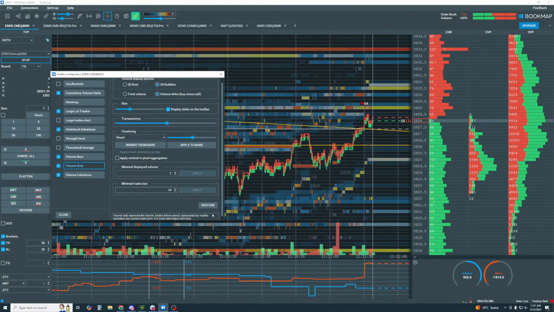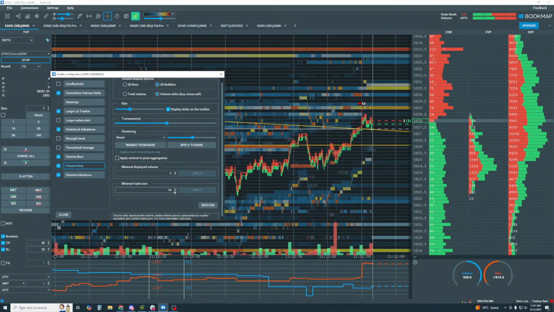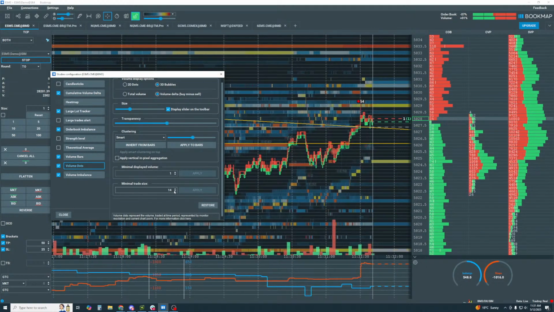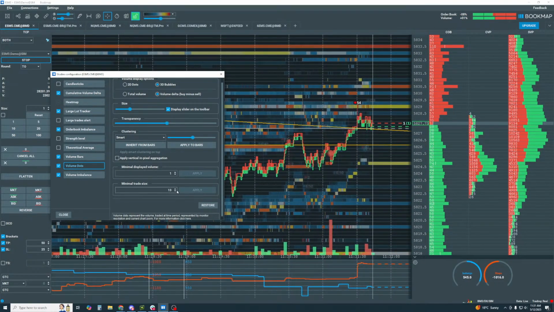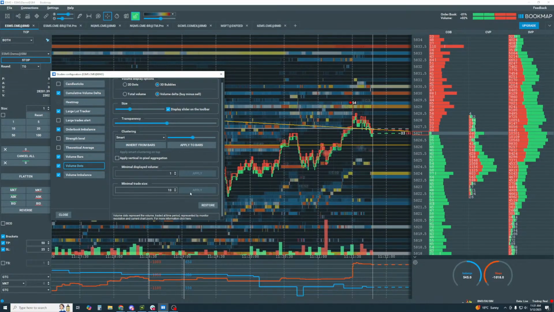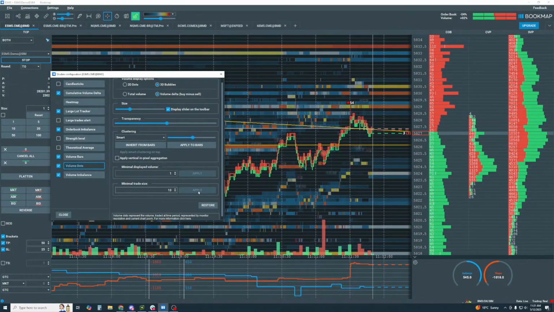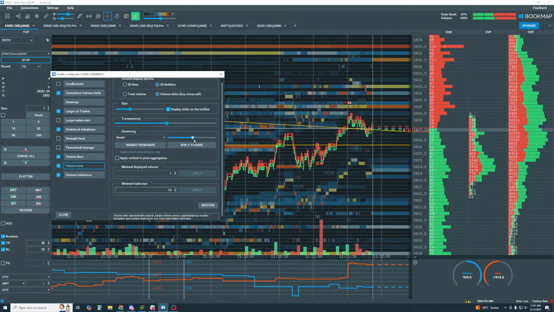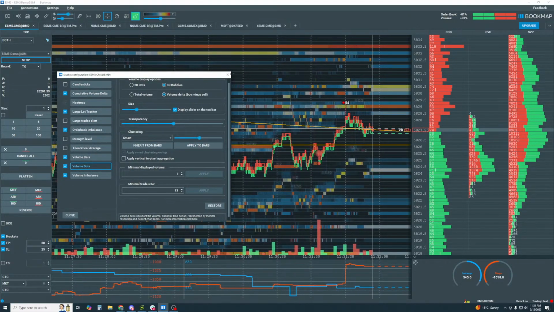So there's quite a bit less. But I don't really like it. It's not me. But I know a lot of traders that do this. So it's up to you, whatever settings that you like in here.